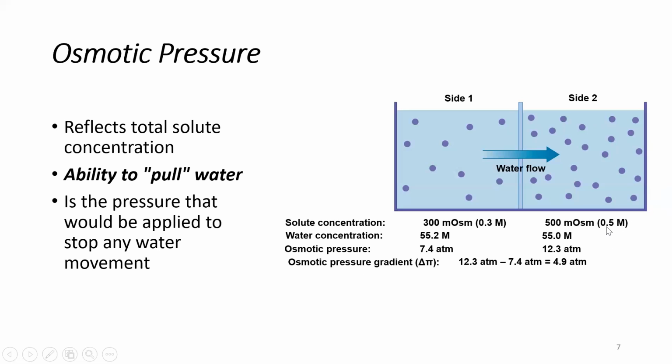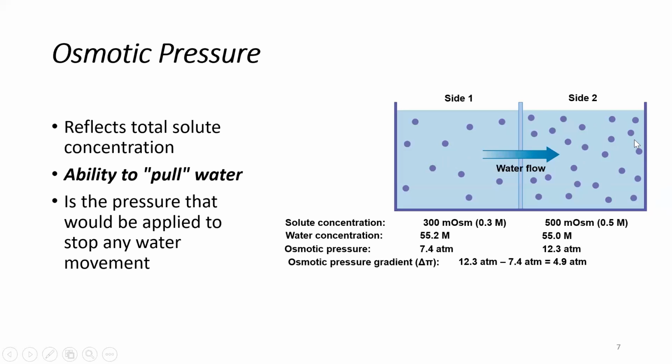So an osmolarity of 500 milliosmoles. It has a water concentration that is lower, so it has 55 moles for the water concentration. And it has an osmotic pressure of 12.3 atmospheres, meaning that water is going to be pulled to this side where we have that higher solute concentration and that lower water concentration.